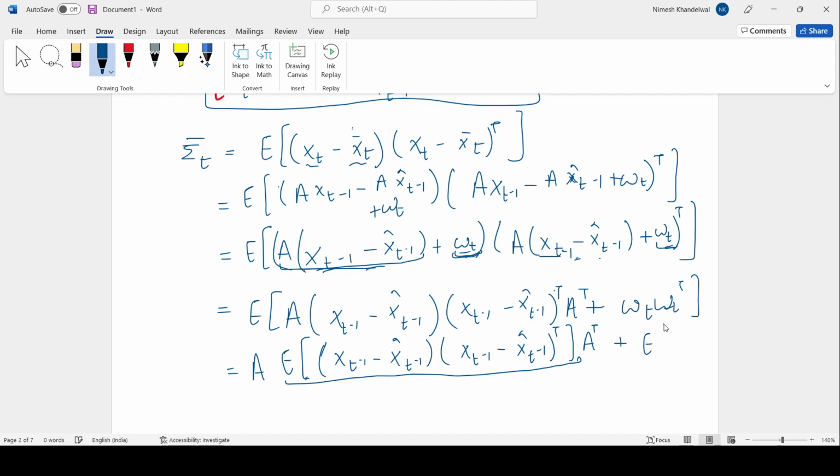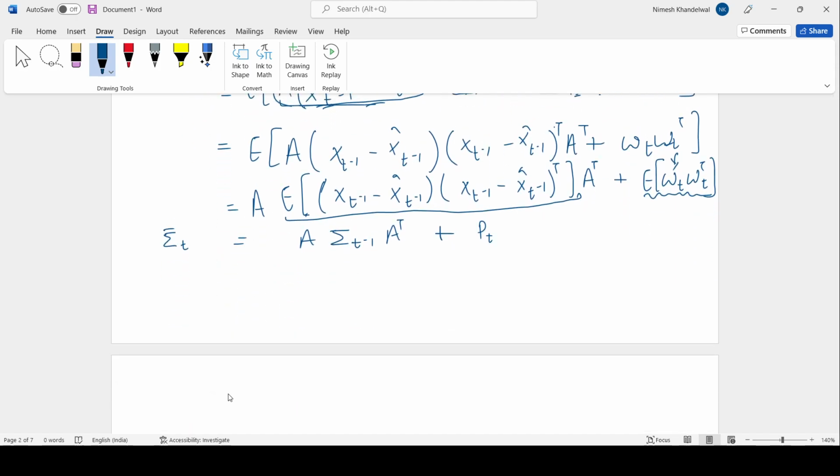I already have it, this is just sigma at t minus 1. So this term is A sigma_{t-1} A transpose plus, now this term is the variance in w. And what was the variance in w? It was P. So after my prediction step, this is how my covariance changes.